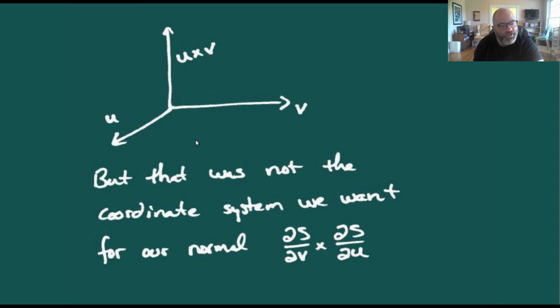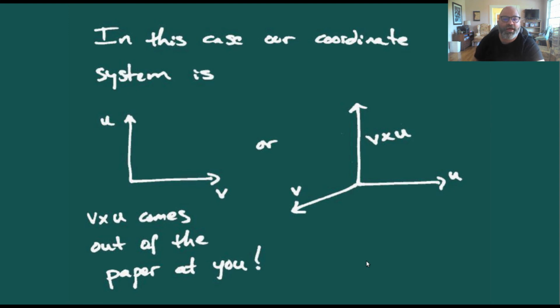But this was not the coordinate system that we actually wanted. Remember that our normal, when we computed it, we wanted the one that was facing up, and for that one we wanted partial s partial v cross partial s partial u. So in this case, we want our first coordinate axis to be v, and our second coordinate axis to be u, so that when we compute v cross u, we get the orientation that we want.